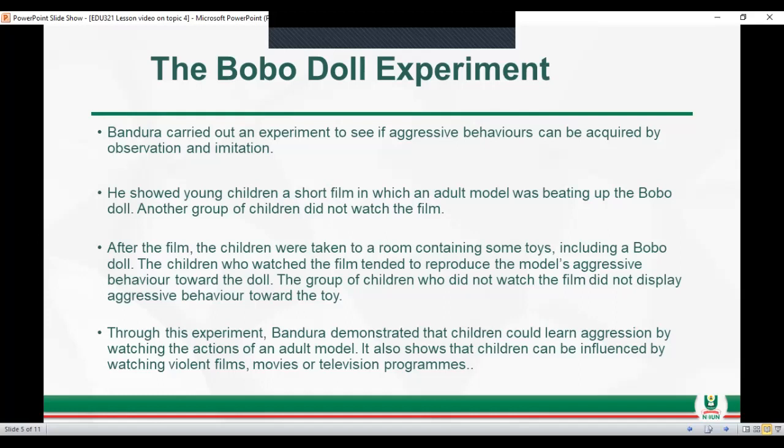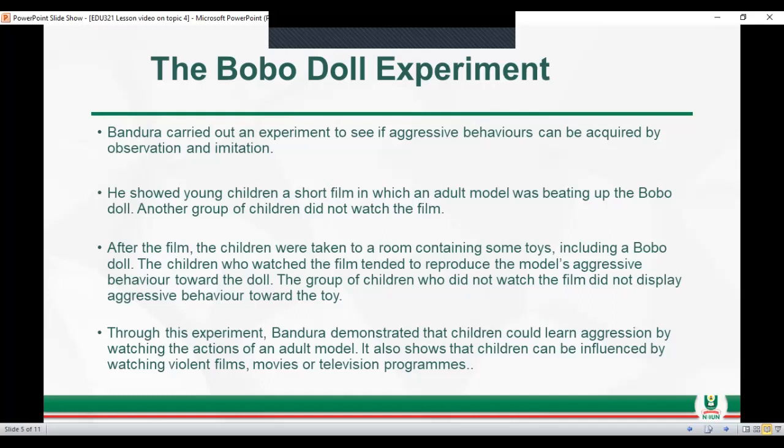So from this experiment, Bandura demonstrated that children could actually learn aggression by watching the actions of an adult model. It also shows that children can be influenced by watching violent films, movies, or television programs.